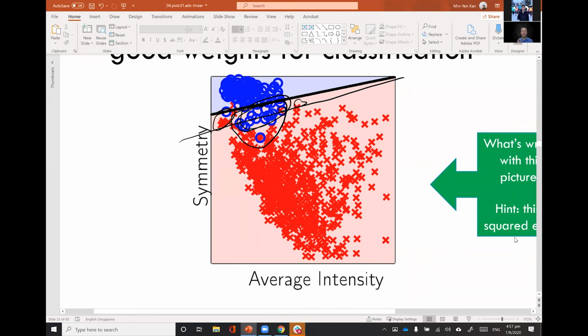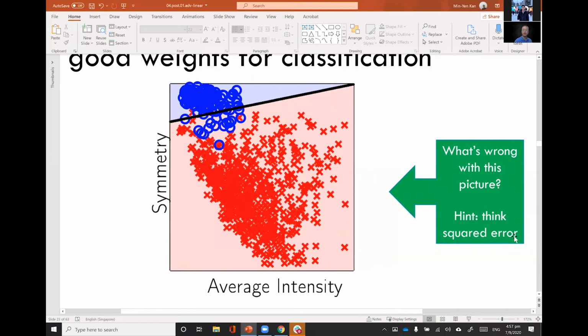Now, why didn't linear regression get that? Why wouldn't linear regression have gotten that boundary? Well, like I said, it has to do with this idea of squared error. Linear regression is saying transgressions that are very far away from the line are not good for me.